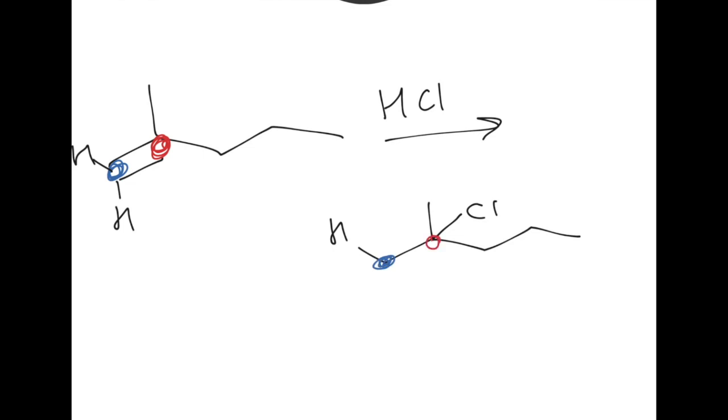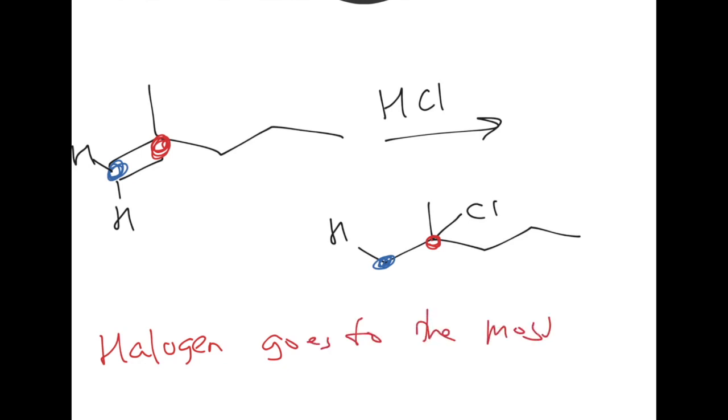And then that means the halogen goes on the other carbon, right? So you can kind of shorthand that and just be like, okay, which carbon does my halogen go to? What you can think about is if your hydrogen goes to your least substituted carbon, the halogen goes to the most substituted carbon.